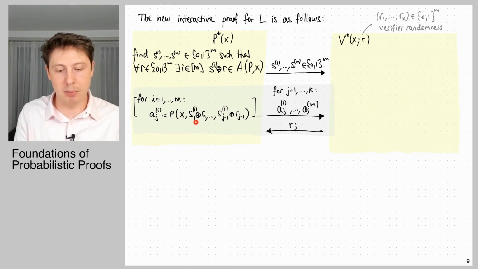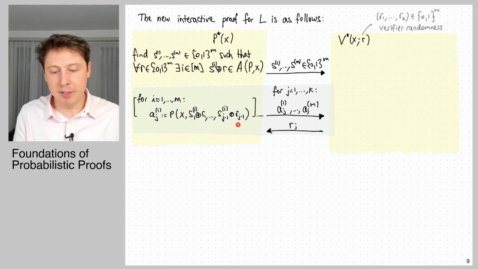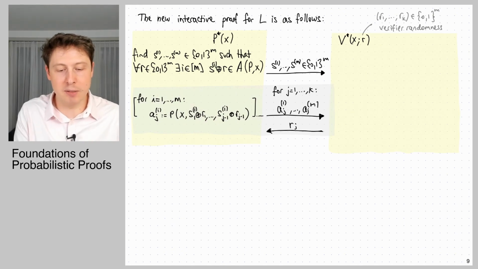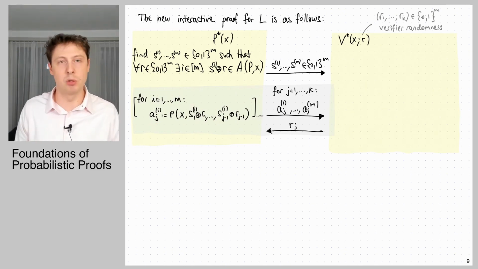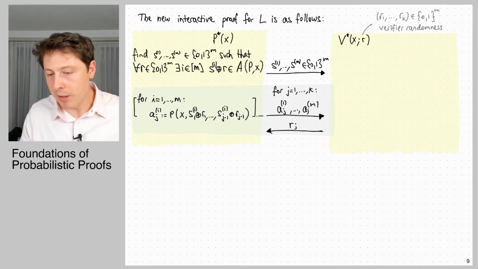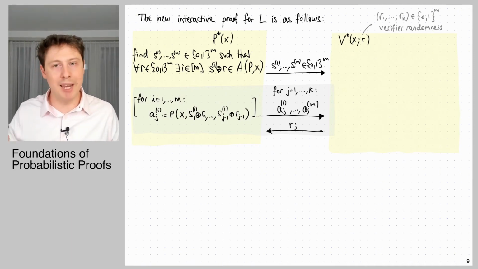So, for example, I run the honest strategy as if in the first round I received the XOR of R1 and the first part of si, and so on, up until whatever I received so far, and that's my next message. So I'm playing the shifted execution. Now the honest verifier is basically playing these m simultaneous games with the prover.